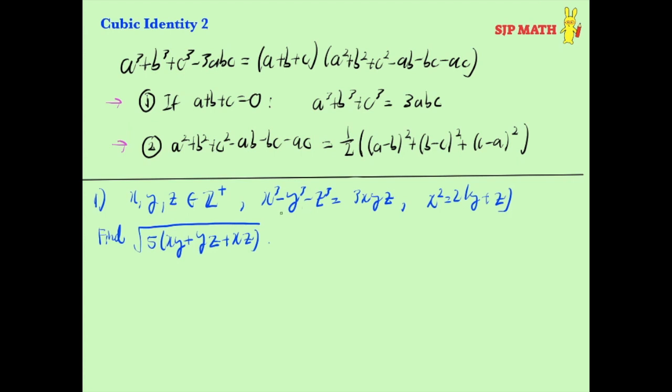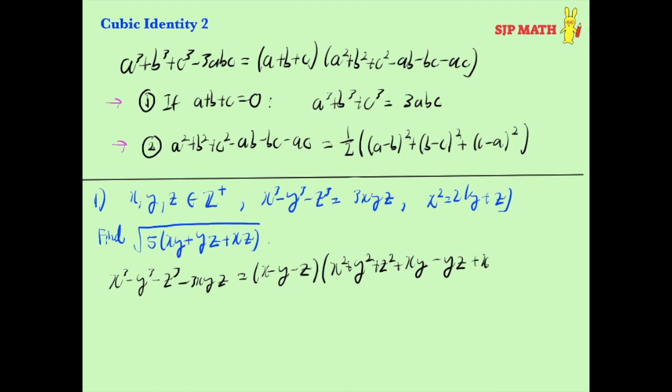First let's factorize this. If we have x cubed minus y cubed minus z cubed minus 3xyz, let's just put this on this side. And we're going to factor it like this identity says. Then it's going to say that x minus y minus z is equal to x minus y minus z times, and if we just plug them all in, we're going to get this. Plus, that's because y is negative. Minus yz plus x times z, because z is negative, so it becomes positive here.